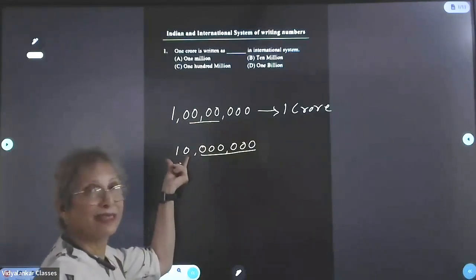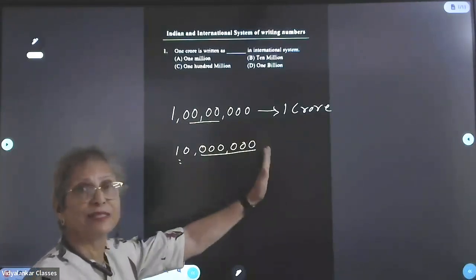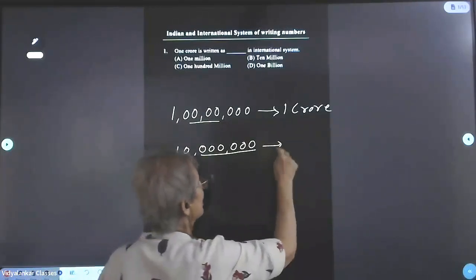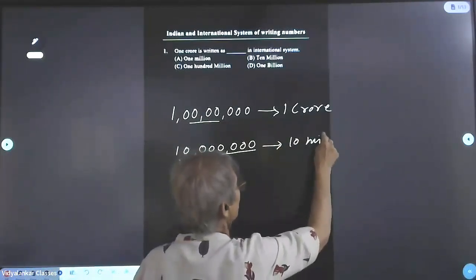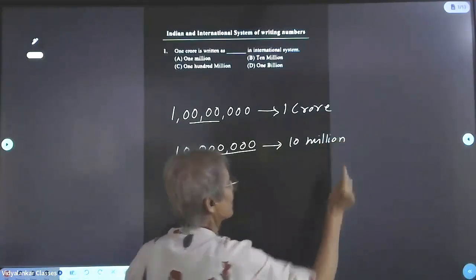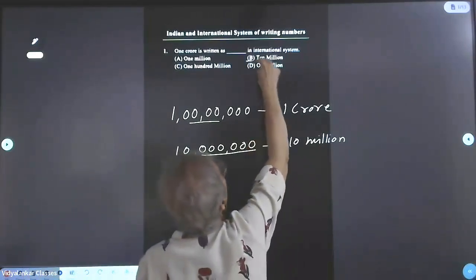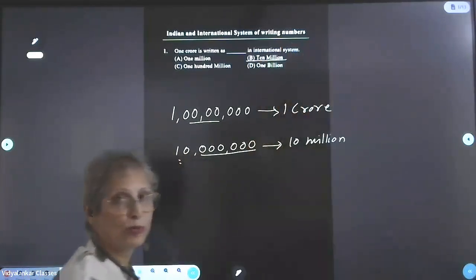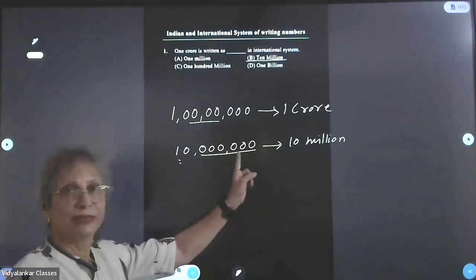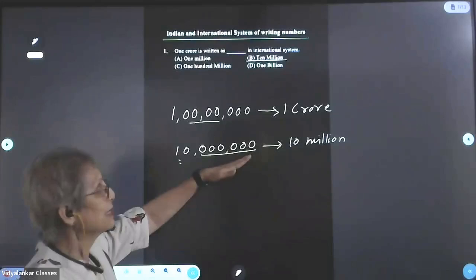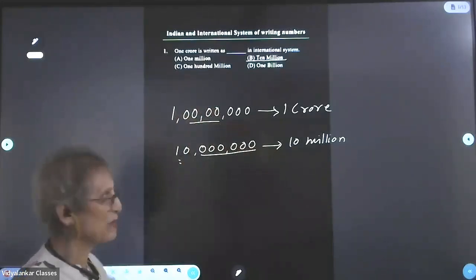And now this is the 10. 10 with 6 zeros. So this number becomes 10 million. So what is our answer? Option B, 10 million. Is that clear? Okay.